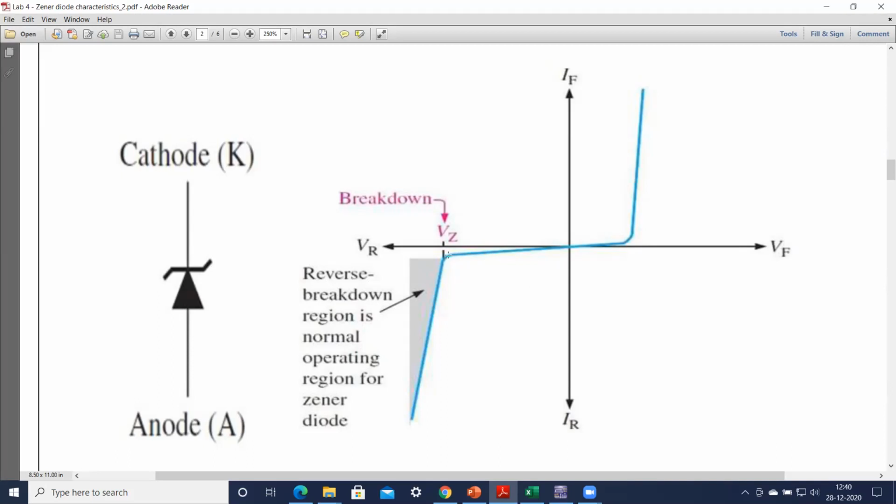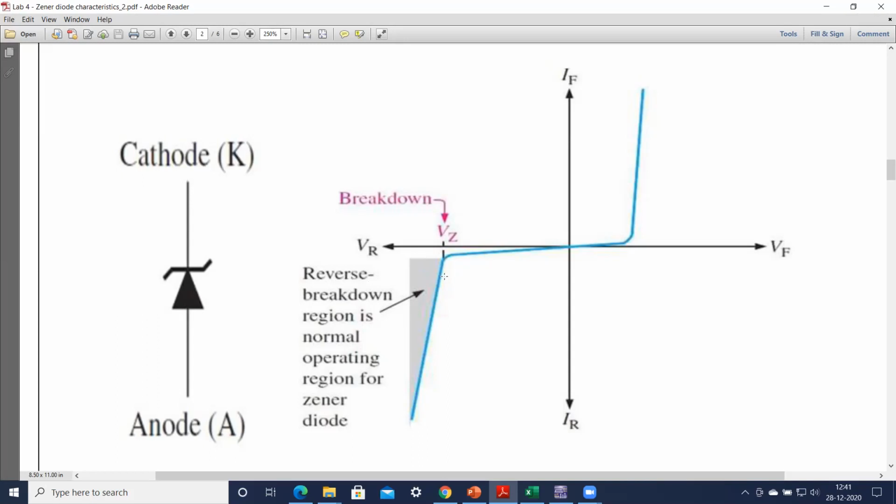Once we reach the reverse breakdown voltage, you can observe an abrupt change in the current. The current will increase very rapidly, but the voltage variation across the Zener diode will be very small. This is our reverse breakdown region. Normally, if we want our Zener diode to act as a voltage regulator, it should be operated within this region. It should enter into the breakdown region.